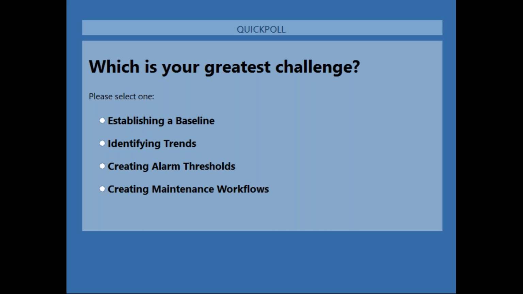Is it figuring out thresholds to use for alarms? Or is it potentially setting up the maintenance workflows that occur? These are only going to be shared in aggregate, so let us know where you feel your challenges are, and hopefully Alex will shed some light on how to deal with them.